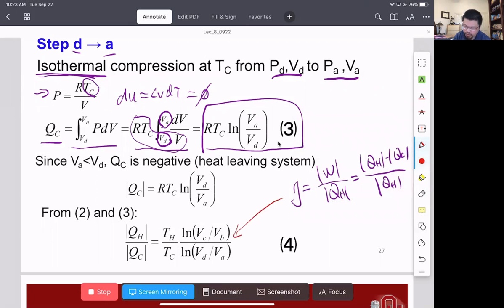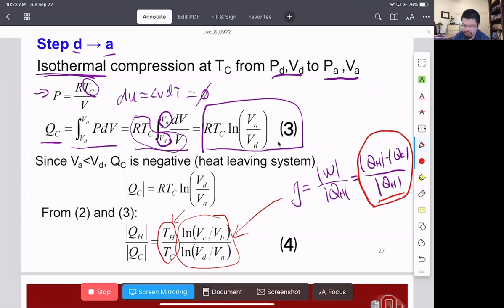We are able to replace the work terms in the general definition of a heat engine by the state parameters, right? We are able to convert QH over QC into the temperature we could measure and the volume ratio we could also measure.